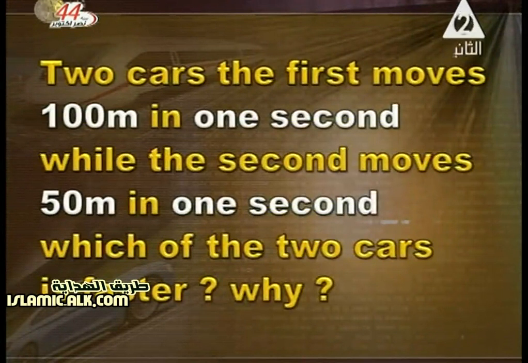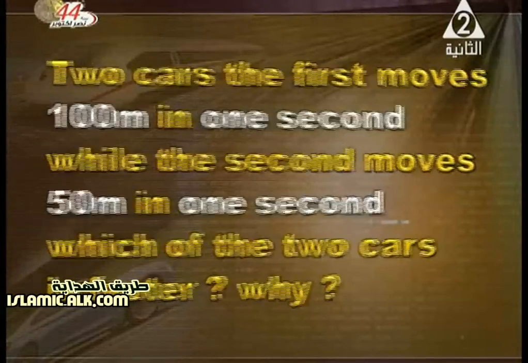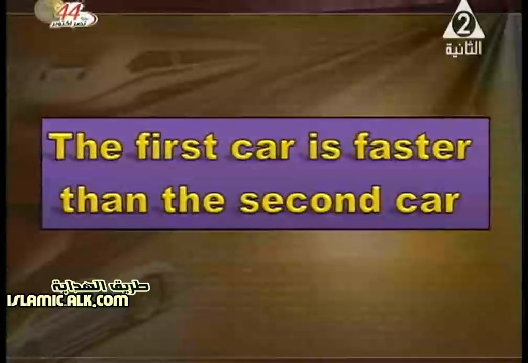The example here says 2 cars. The first car moves 100 meters in 1 second, while the second car moves 50 meters in 1 second. My question: which of the 2 cars is faster and why? We learn it from our work. Look at this. The first car is faster. How can I know?